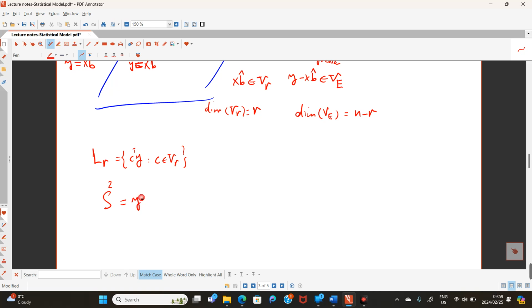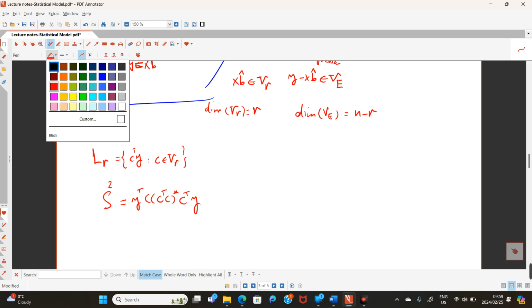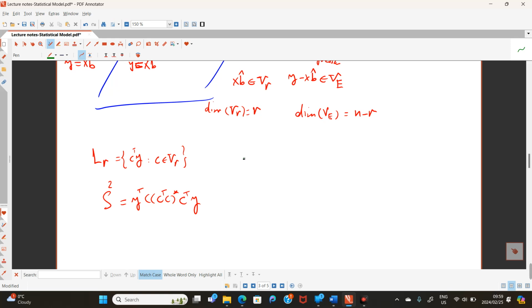You know that I can write the sum of squares as Y prime C prime C generalized inverse C prime Y. But from the fact that I also already pointed out that I can see V as VE plus VR, and L, the linear set constructed by C prime Y, where C is in Vn or V, is also equal to LE plus LR.